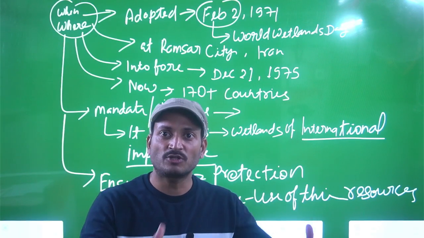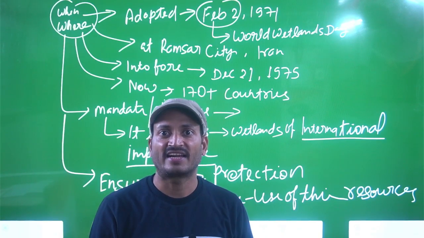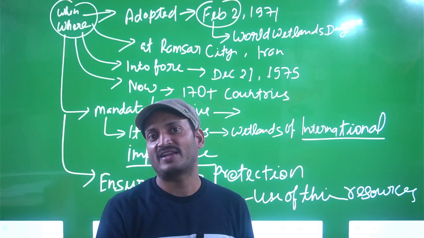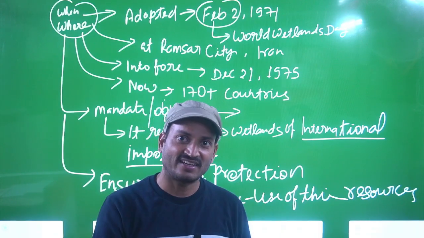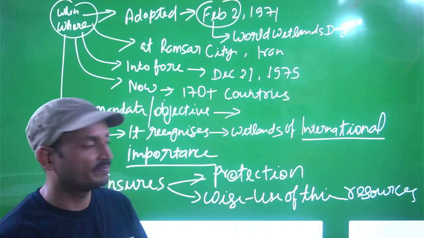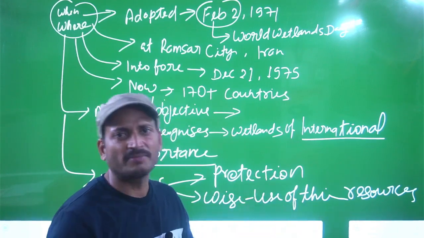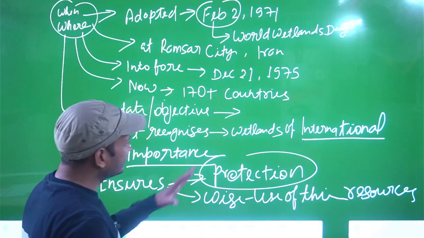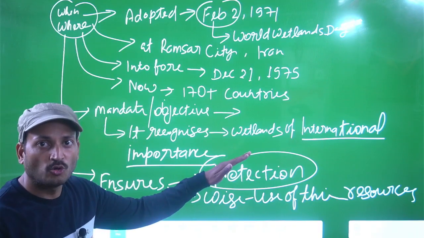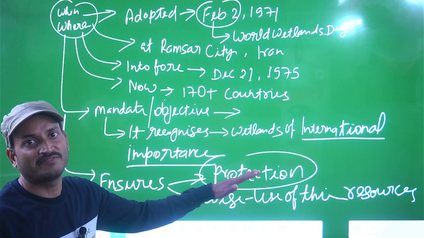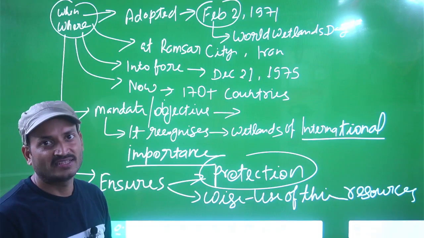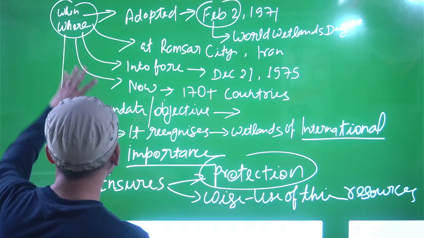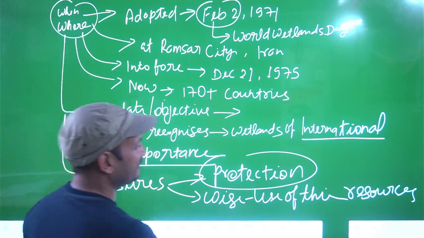It doesn't mean that you're sucking out all the water from a wetland and turning it into dry land. So it says sustainable use, meaning wise use. It can be done by the local community, and it ensures the protection of those internationally important wetlands at high priority. So this is all about the mandate of the Ramsar Convention.